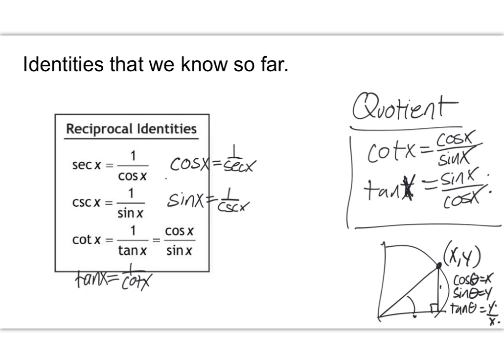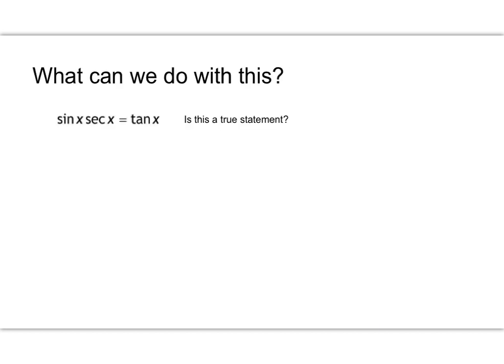And we're going to use them to try to decide whether or not some statements are true. As an example of this, we've got a statement: sine of x times secant of x is equal to tangent of x, and we have to decide if this is true or not. There are a couple of rules that we have to follow for this. And the biggest rule is we can only touch one side.